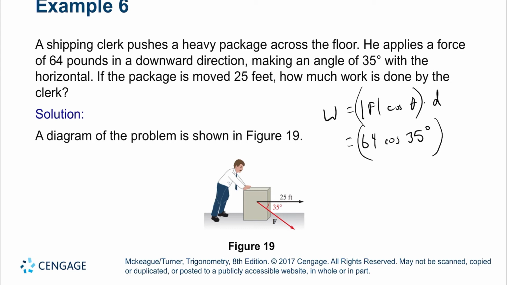And we're going to multiply that by the distance that the package is being moved, which is 25 feet. So that should do it. All right, so let's see what the amount of work is going to be: 64 cosine of 35 times 25, which is 1310. If you round up, that would be 1311.